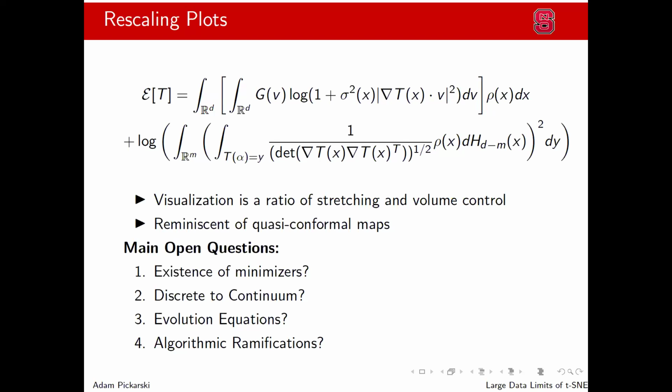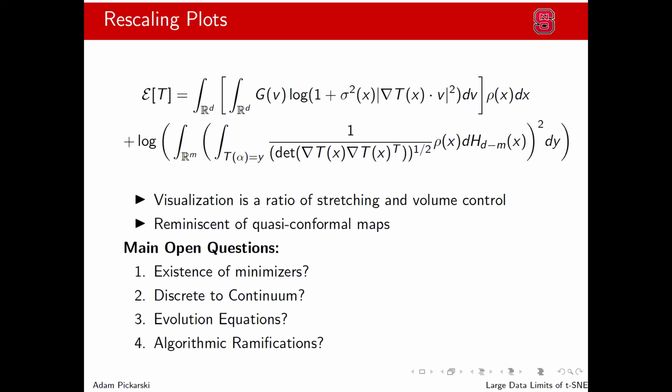So that's tricky. If you were able to get this, then you would naturally do discrete to continuum limits and answer the overarching question of whether or not repeated experiments lead to similar results. Evolution equations would also be interesting. And maybe if this can give some algorithmic insights, that would also be useful.